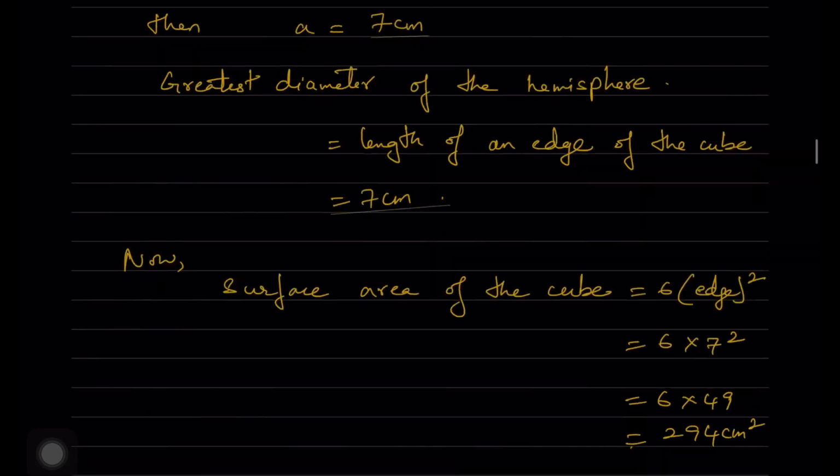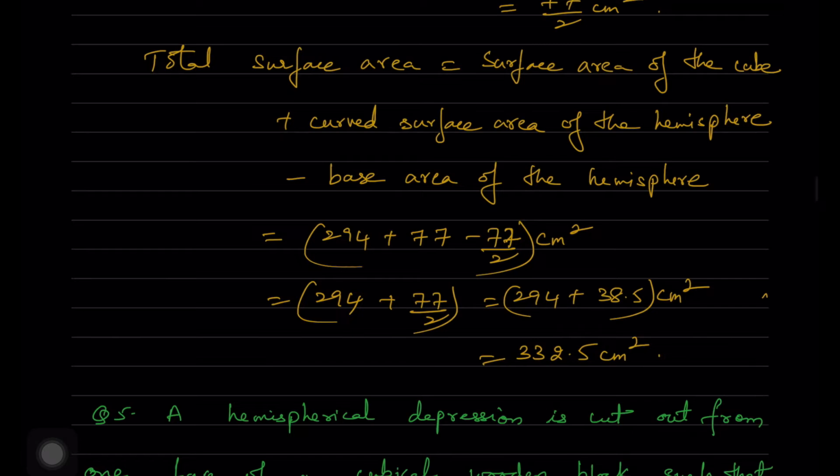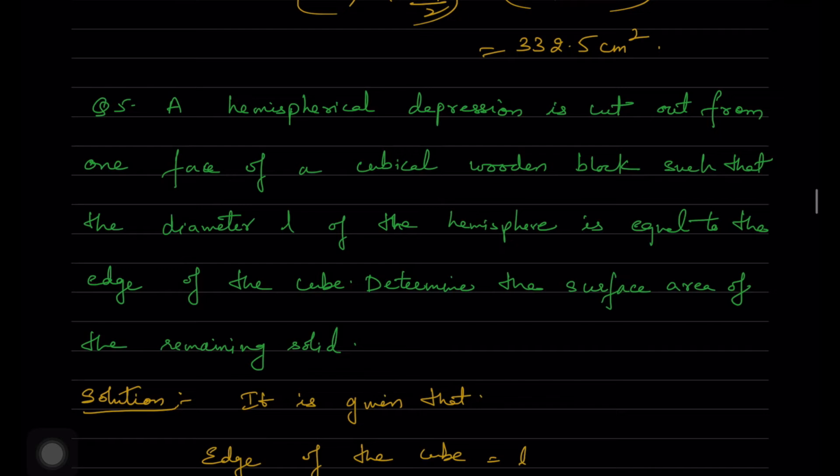We are not taking it two times. So the total surface area of the toy is 294 plus 77 minus 77 by 2, which is equal to 294 plus 38.5, that is 332.5 centimeter square.